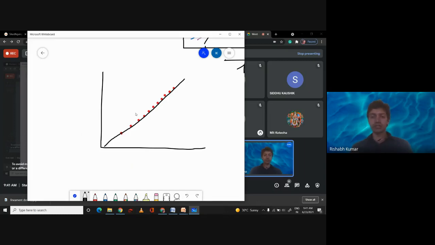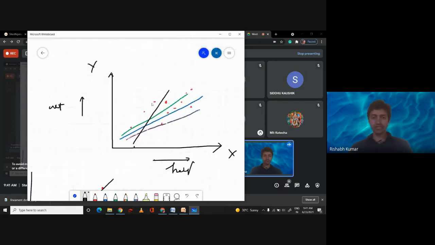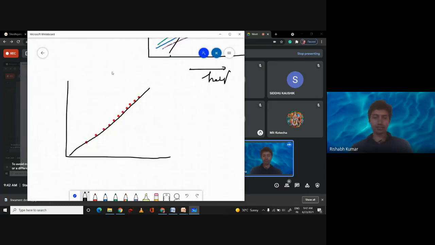But suppose there were points like this scattered all over the place, then you have to decide. Here, just by looking, with no calculation, you can draw the straight line. That line would be the line that is crossing all the points, because all the points are falling in a straight path.